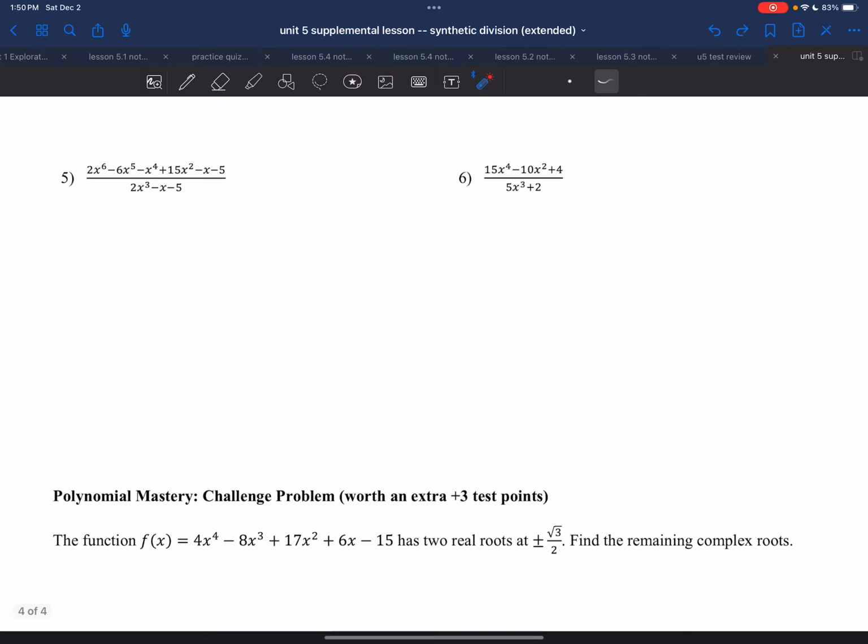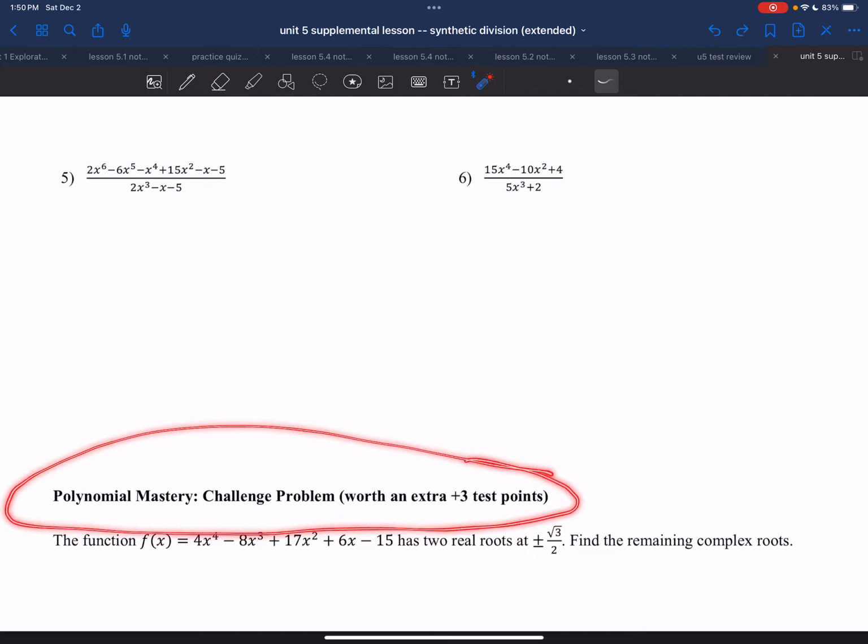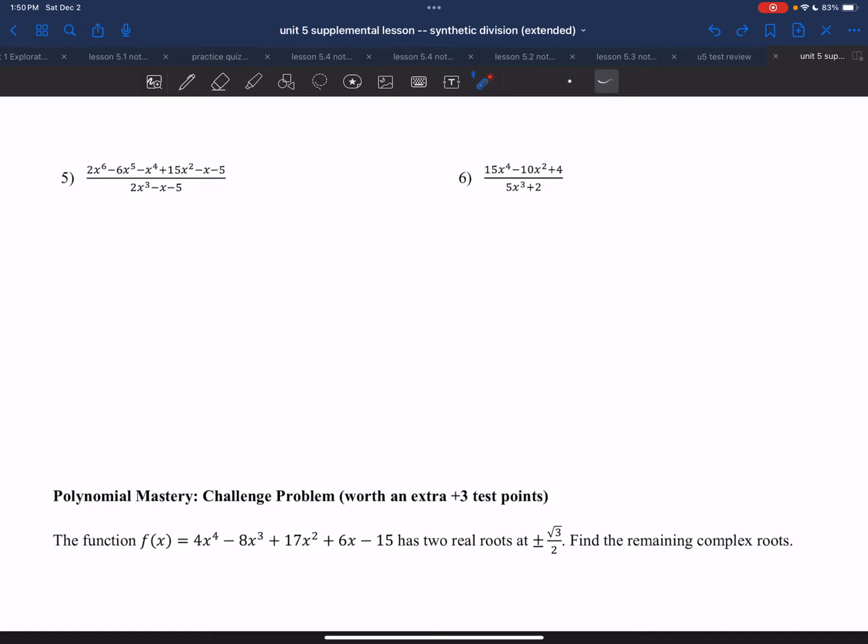And then there's also this fun challenge problem, which really would show your mastery of this unit. So honestly, if you're able to do this mastery problem, you're probably going to get 100 on that test. You probably don't even need that extra credit, but hey, it's there in case you want to try it, okay?